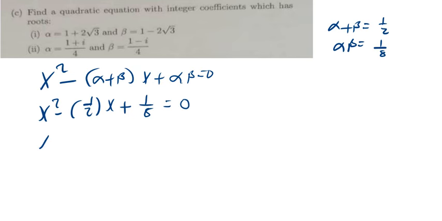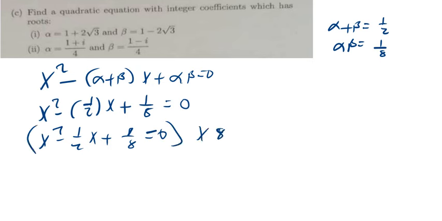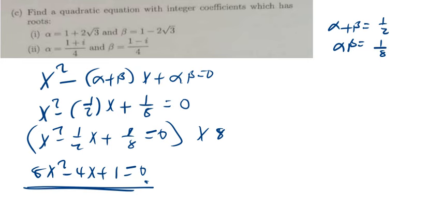Multiply by 8 everywhere to get rid of the fraction. If you want, you can end there, but you can multiply by 8 to get rid of the fraction. So it will be 8x squared minus 4x plus 1 being equal to 0. This is my final equation.